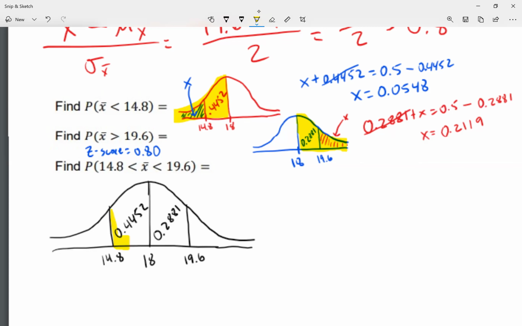So it's more than 14.8, but it's less than 19.6. In reality, this is what I'm asking for. There's not that much work to do other than adding those two numbers. 0.4452 plus 0.2881 gives me my probability to be 0.7333. I just added those two values, and that is it.